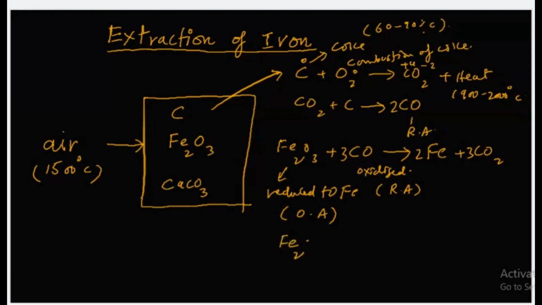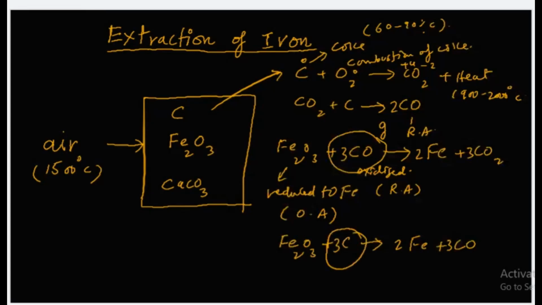There may be another reaction, Fe2O3 also combines with the coke to get iron and carbon monoxide. So both carbon and carbon monoxide are reducing agents. Carbon monoxide is the gaseous reducing agent, but carbon is the solid reducing agent. But definitely at this much temperature, all the mixture is in molten form.